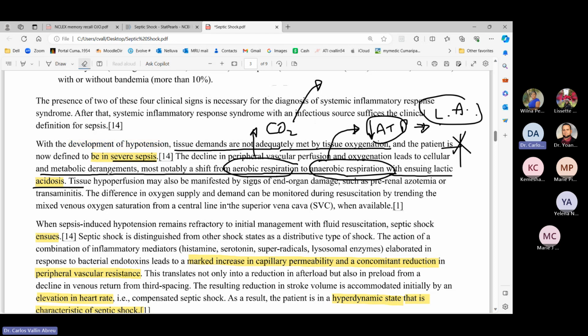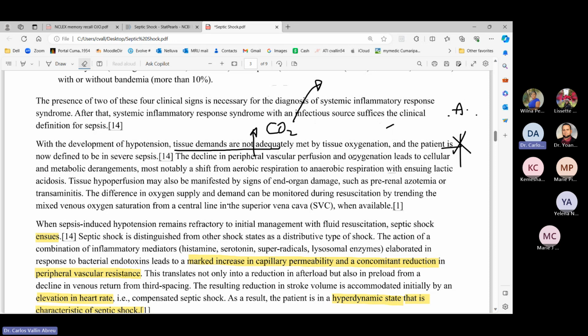So is this client in this stage? If the client were in the stage of severe sepsis, we would be having low blood pressure. But what is our problem? I mentioned that at the beginning.